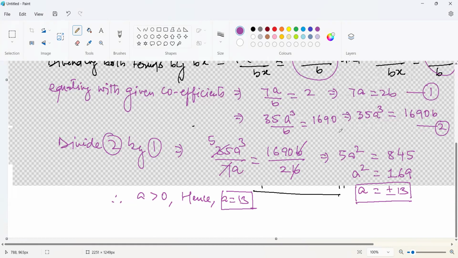We have relations between a and b. That is 7a is equal to 2b. Therefore, 7 times 13 equals 2 times b. So b would be 7 times 13 divided by 2, which is 91 over 2, comes out 45.5.